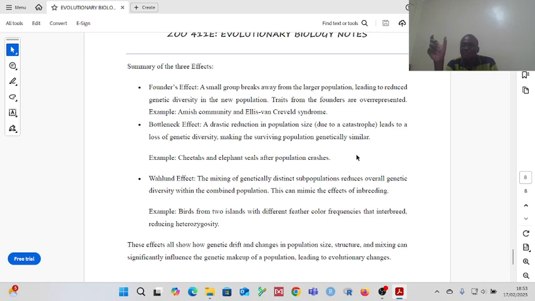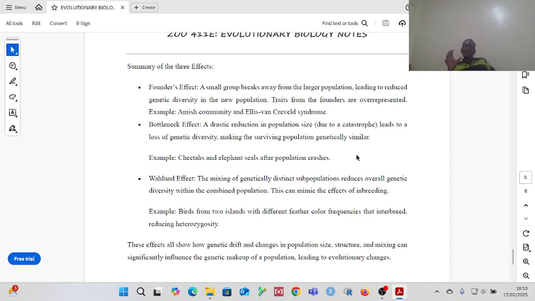And because only a few have survived, it means the alleles that went with the dead ones will not be part of the new population that is being regenerated. Okay, so many alleles were removed from the population as a result of the catastrophe, meaning the new population that is being generated will be having a drastic reduction in the genetic diversity.